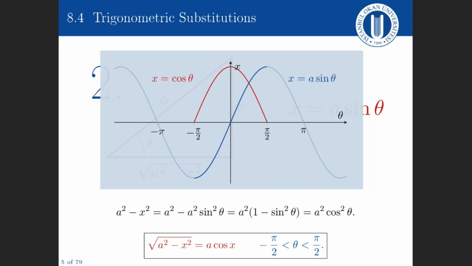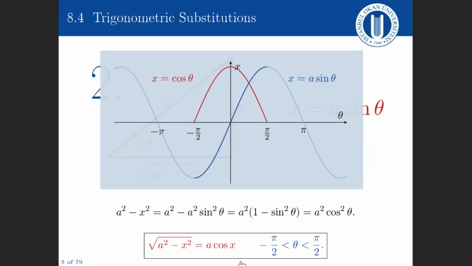So again, we can take the square root of this equation, and we just get square root of a squared minus x squared is a cos theta. No need to worry about absolute value signs here. This is a substitution we're going to be using later. When we see square root of a squared minus x squared inside an integral, we're going to replace that by a cos theta.